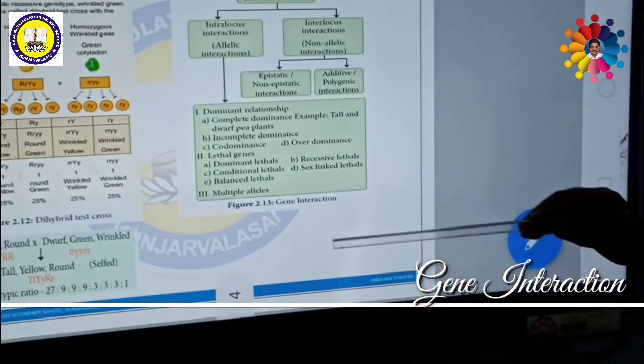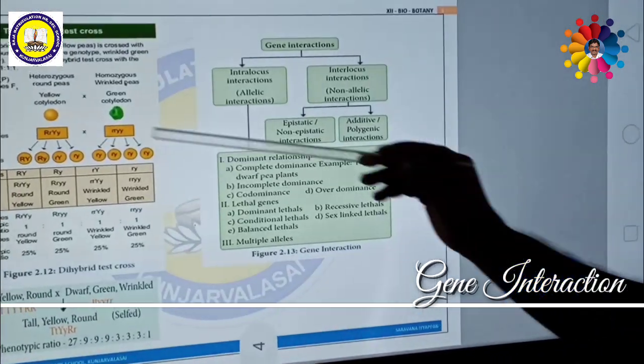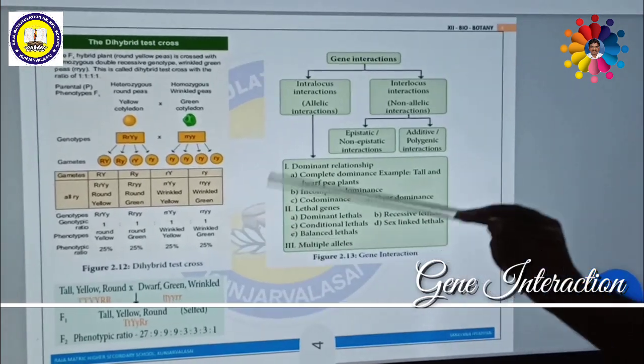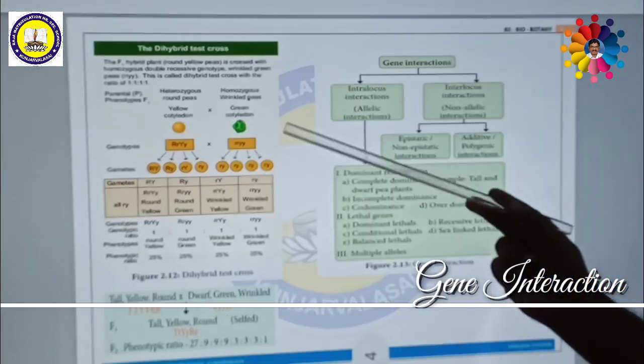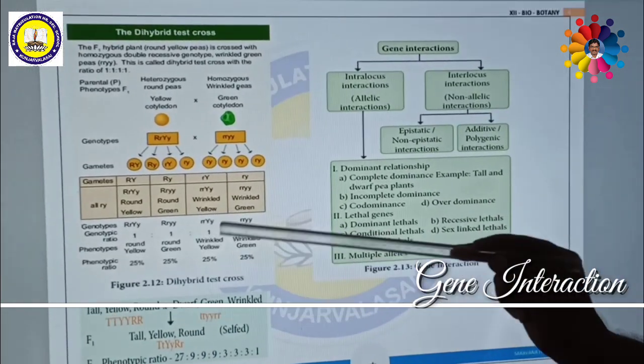Now we are going to see another concept, that is gene interaction. In the previous section, the monohybrid, dihybrid and trihybrid crosses, each and every trait or character was determined by one gene.